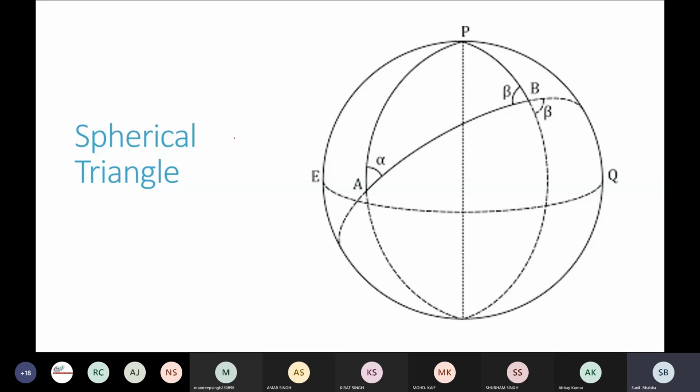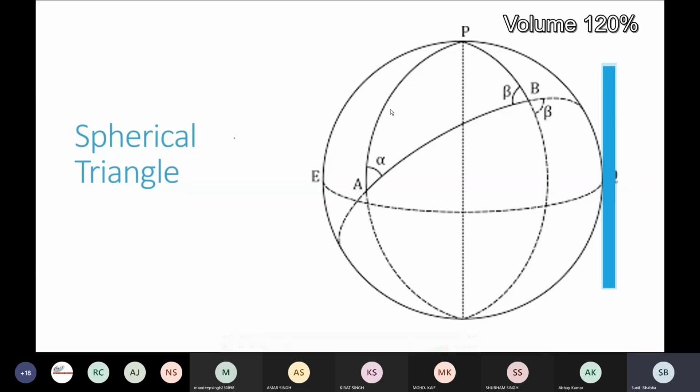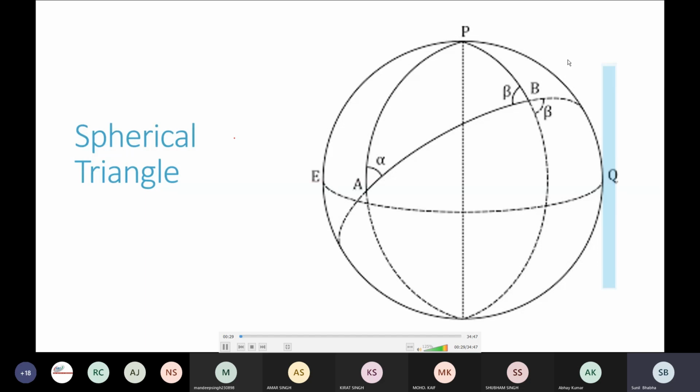So just to recap, beta, I have told you about a great circle and a small circle. Great circle is a circle whose center is the same as the center of the sphere, or whose plane passes through the center of the sphere. And a small circle is the one whose center is different from the center of a sphere. So then we come to what is a spherical triangle.